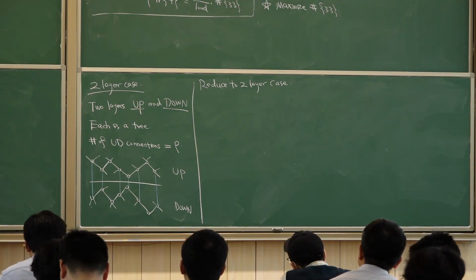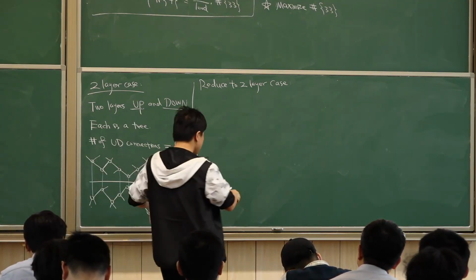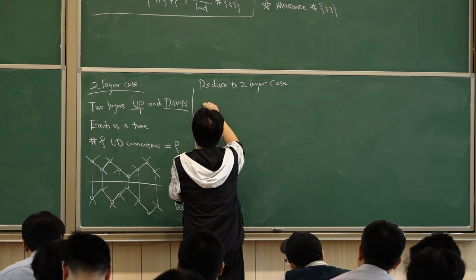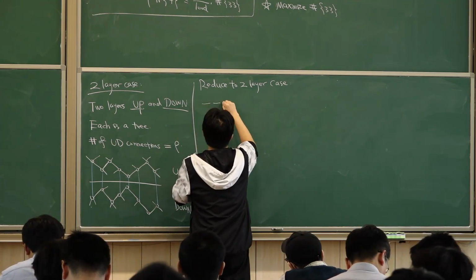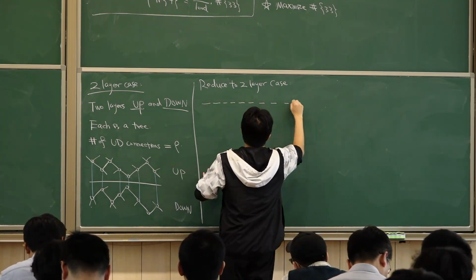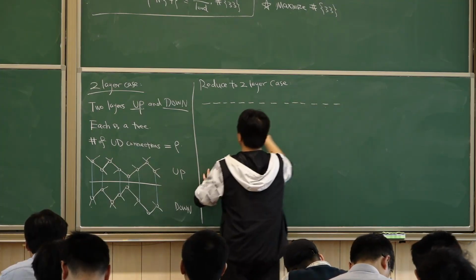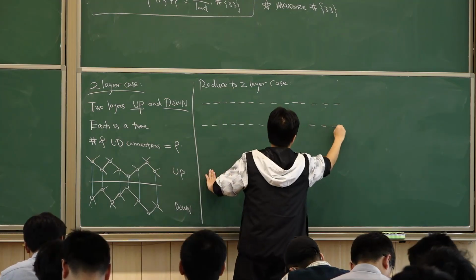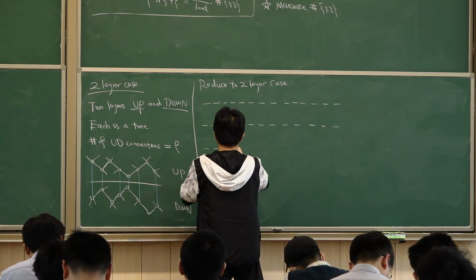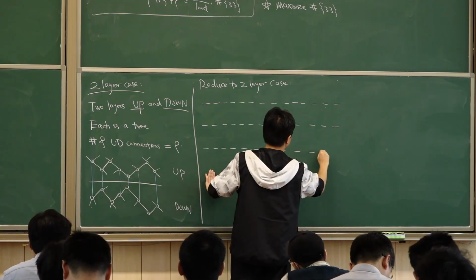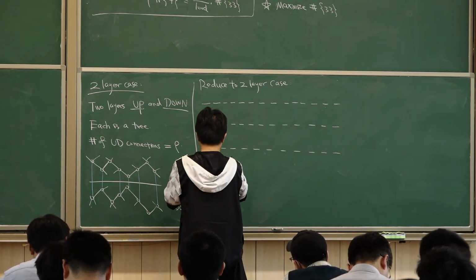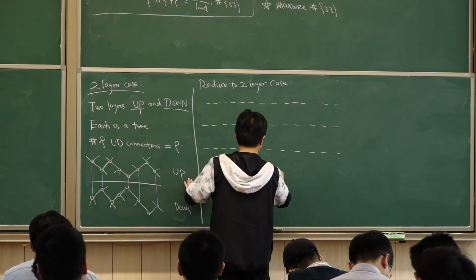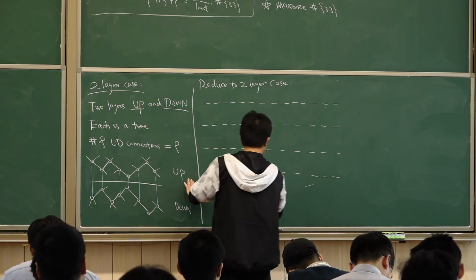So let's draw a case of essentially 4 or 5 layers, and we'll see how it works. So we have the top. Let's say 4 layers.